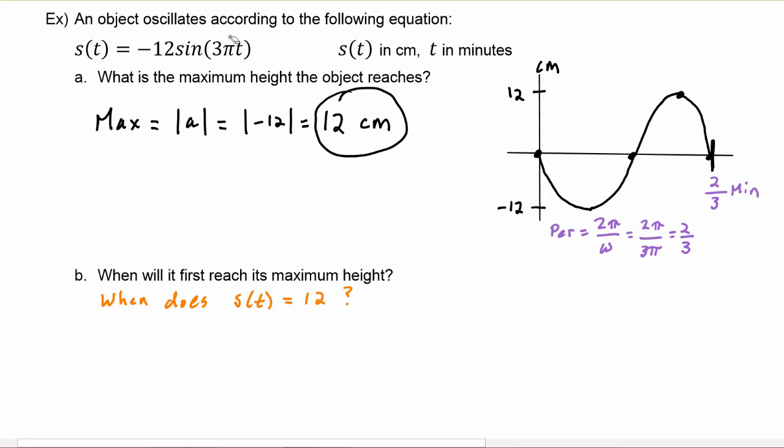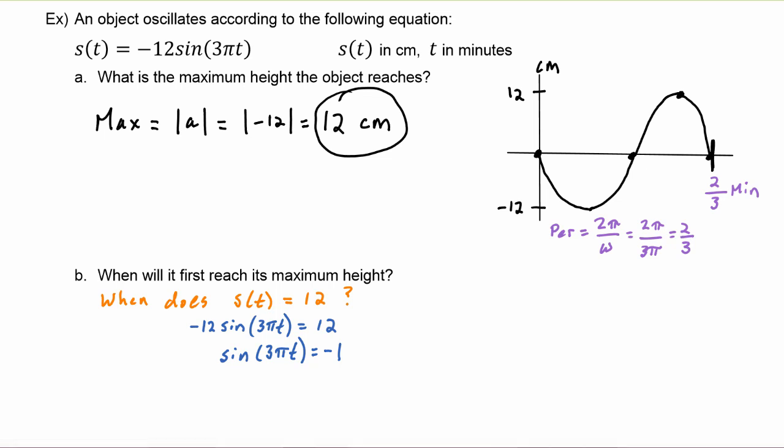So we know the equation for S of t is negative 12 sine of 3 pi t, and we want to know when that is equal to 12. We're trying to solve for t, so first we'll divide by negative 12, and now we have that the sine of 3 pi t is equal to negative 1.